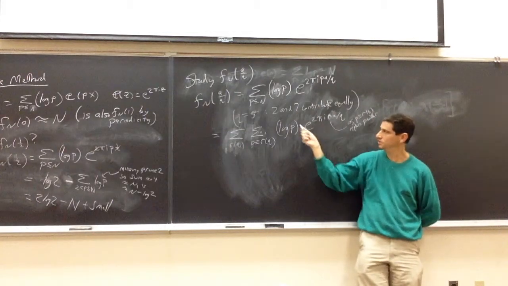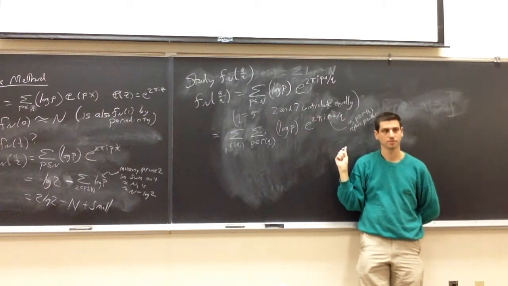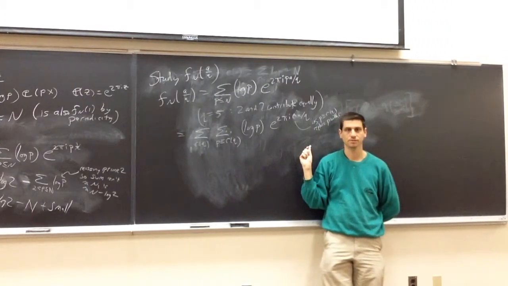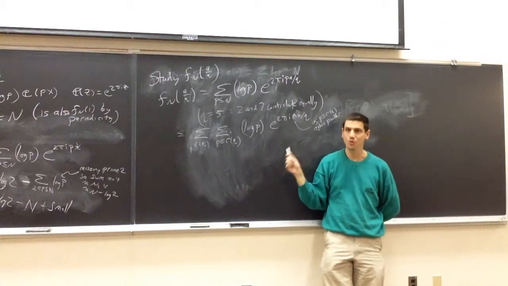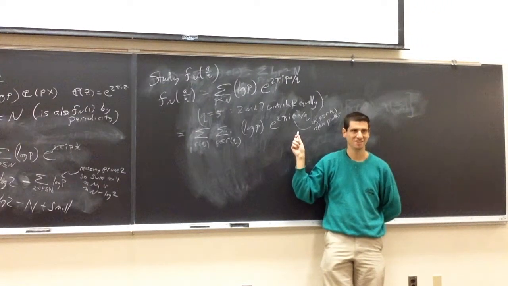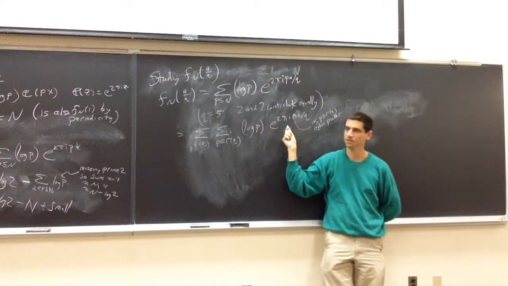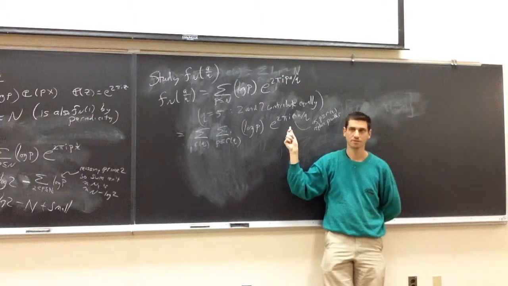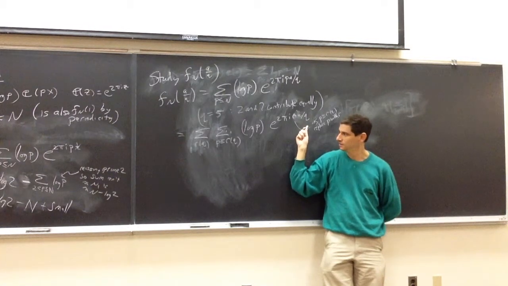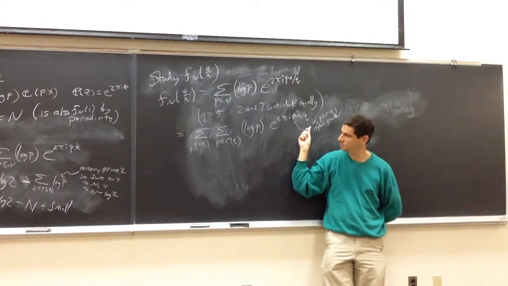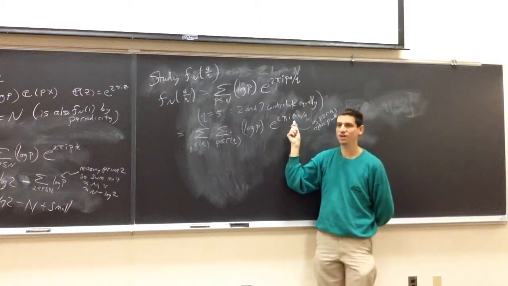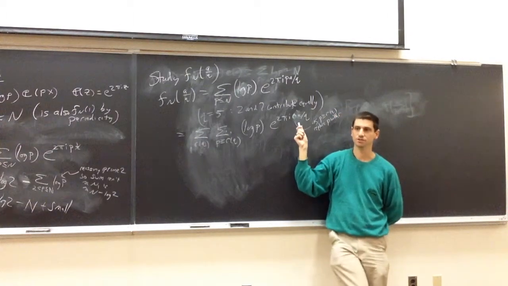What's nice about this quantity now? We don't need to know where the primes are. What can we do to this quantity? Take the integral from 0 to 1. It's not a bad idea to convert sums to integrals, but this is not a problem where we can do that.